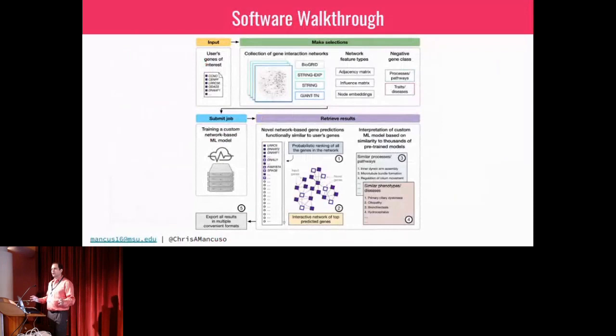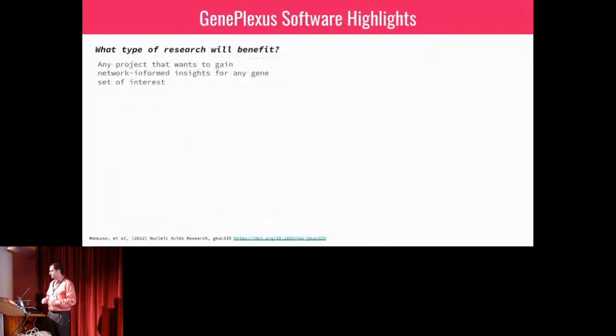So we're going to talk a little bit about the software. We're just going to walk through this for a little bit, but before we do that, just answering a few questions. Which type of research will benefit? We think that anyone who can generate a gene set of interest and wants to get some more information about that gene set.